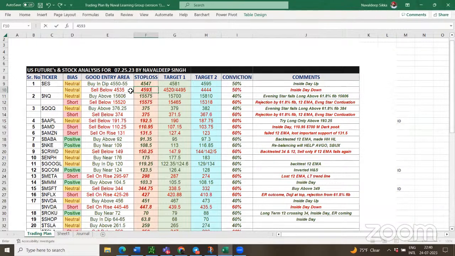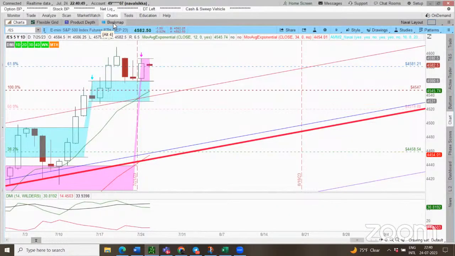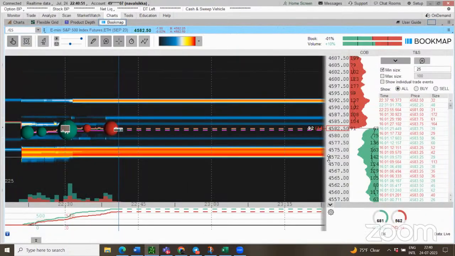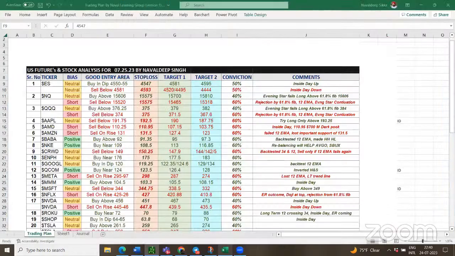Sell below 45.81. Now for the longs, I just showed you that around 45.75, 45.72, it's a good stop loss area. So buy above 45.81. Stop loss is very finite, 45.72.